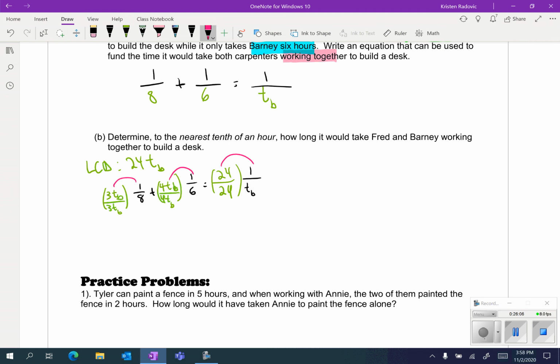You multiply everything together to get 3 t sub b over 24 t sub b plus 4 times 1 is 4. And 24 times 1 is 24.